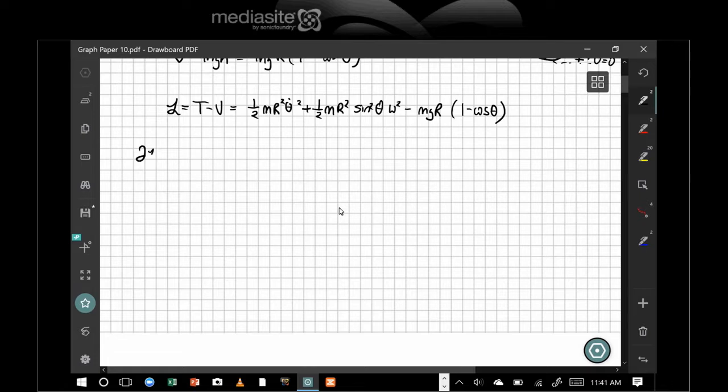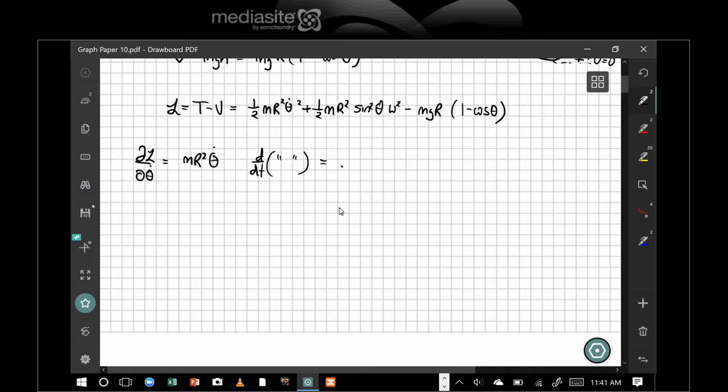Now what I'm going to do is use that expression and then get the Euler-Lagrange equation. Again, it's one-dimensional, so again, we're going to take the partial of L with respect to theta dot. There is only one theta dot term, so that's going to give me m r squared.